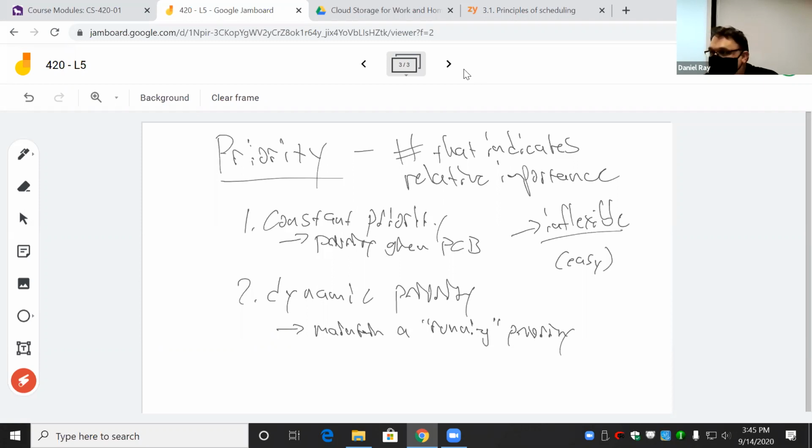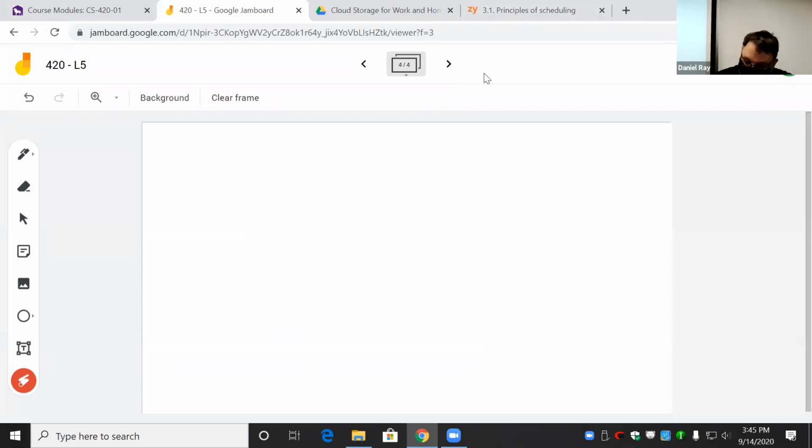Which of those things do you want to weight the highest? And there are different approaches as to how to calculate priority. And the other thing is sort of related to this. So what makes that value? Why is that value dynamic?